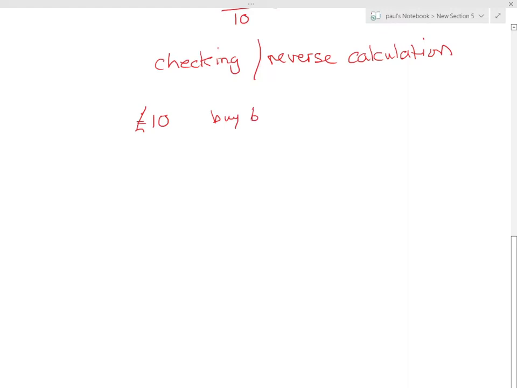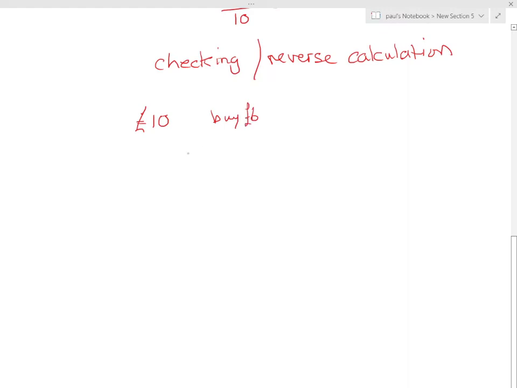Right, so that's BIDMAS. Then we went on to checking. What we call a reverse calculation. Now, what's this? So imagine you have a £10 note and you go into a shop and you buy something for £6.